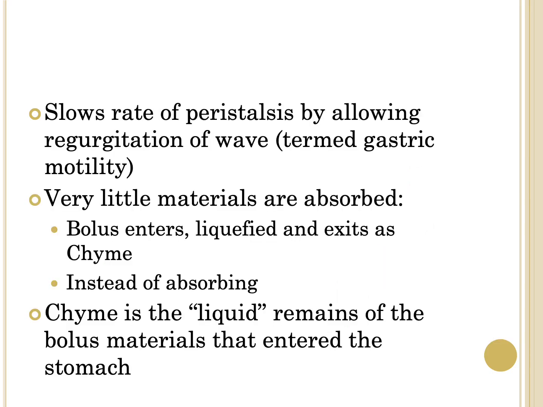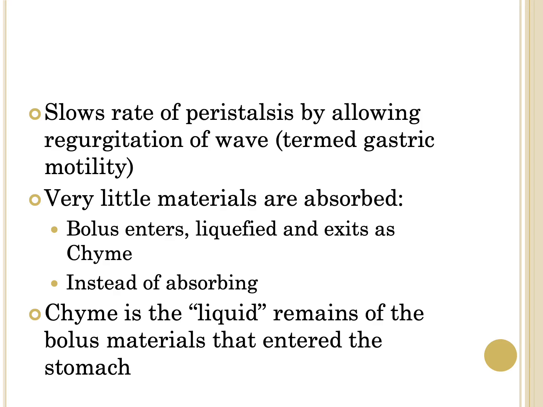So what's going to regulate the rate at which stuff is moving through the stomach? We have basically three things that are going to be regulating the material rate moving through the stomach, as well as the acidification of materials. Part of it has to do with how much is being consumed. The other part is that we're not actually going to be absorbing a whole bunch of material.